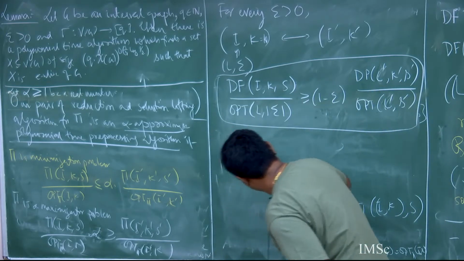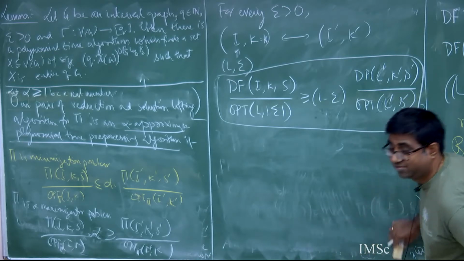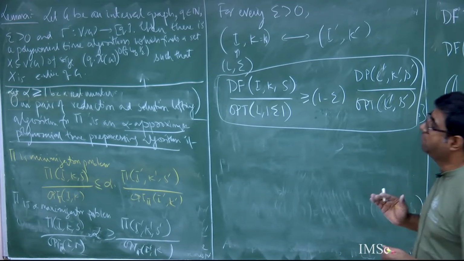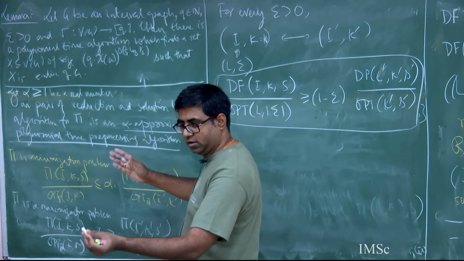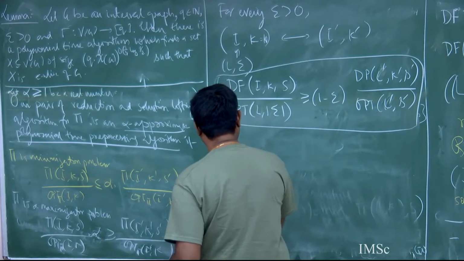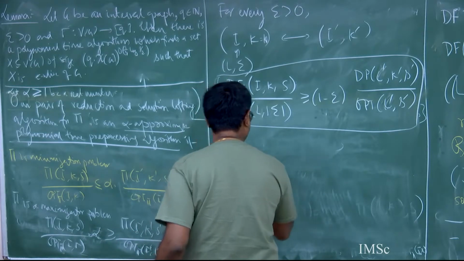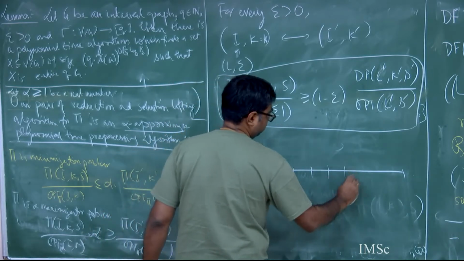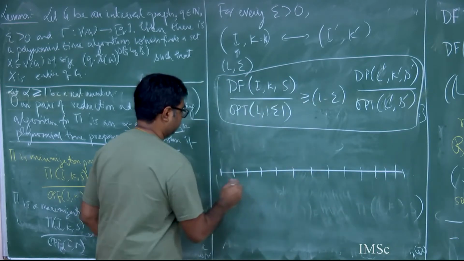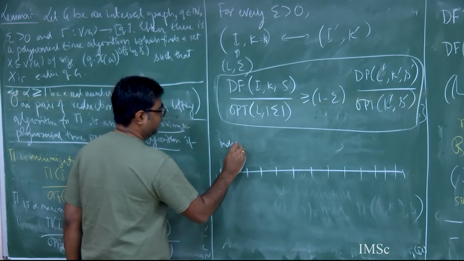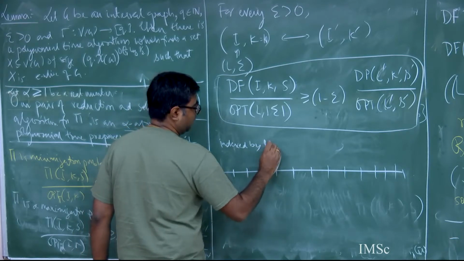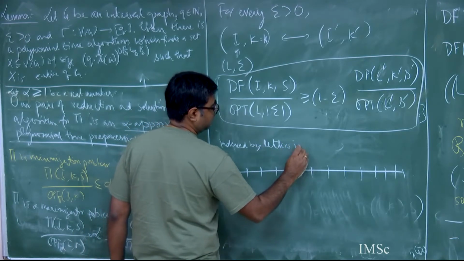Now rather than defining terminology for you, let's see what naturally things we would do. Look, I have a string and I'm happy to lose some factors. Suppose here is my string, indexed by letters in sigma.